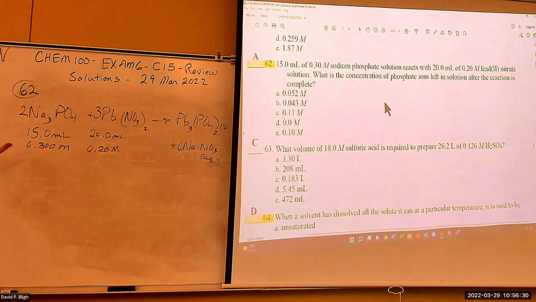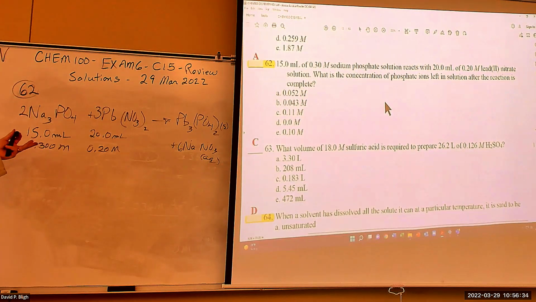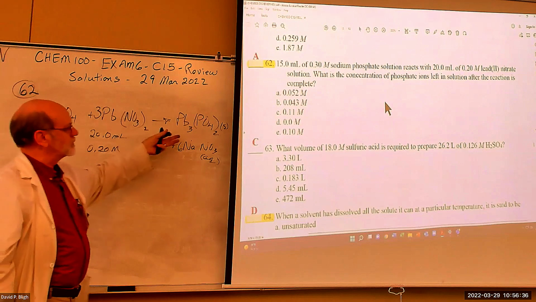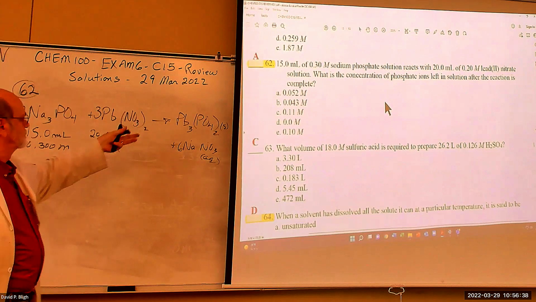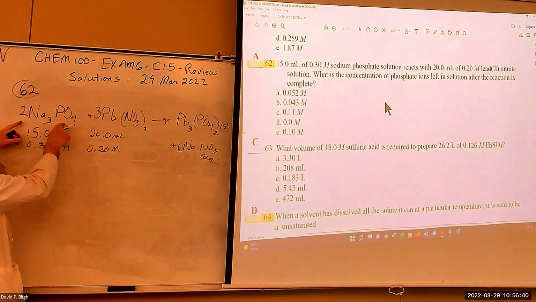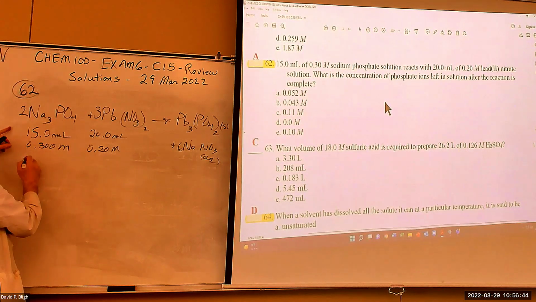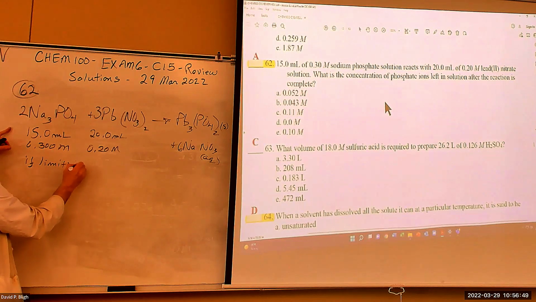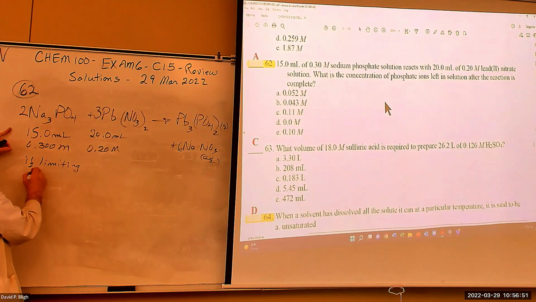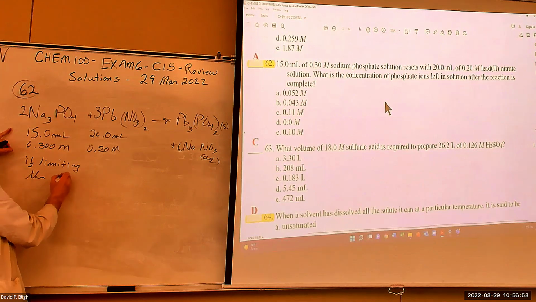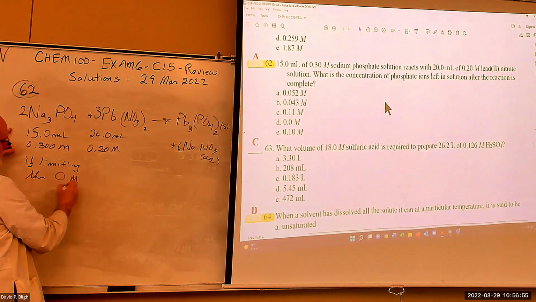So what you would have to do is find out what's the limiting one and say, how much solid can be produced? Right. If this is limiting, then 0 molar phosphate.